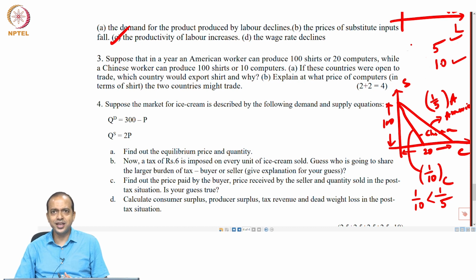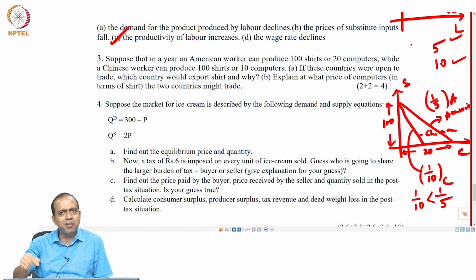Let us say America is saying, if you give me 15 certs, then I will give you one computer. Is this an acceptable price for China? No, because China is calculating, in my own country, if I produce one computer, I am sacrificing only 10.